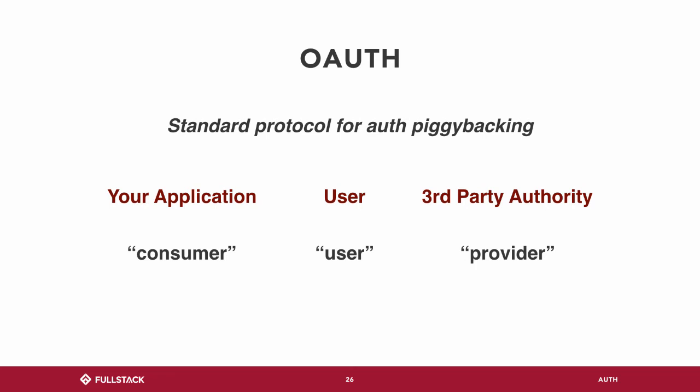So when we think about third-party authority, let's think about Google. Let's think about, for developers, GitHub, Facebook, right? These are all third parties that users are using, so it's not likely that they're going to forget their password. That password they're going to remember. And what we're going to do is identify the user through the third party.